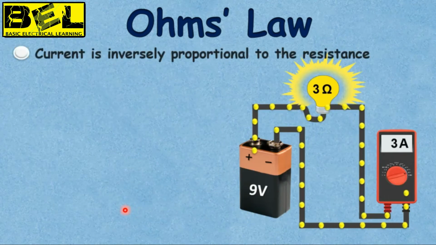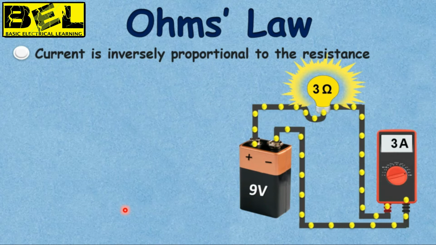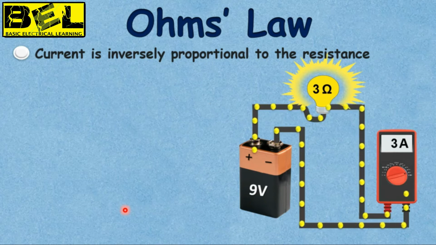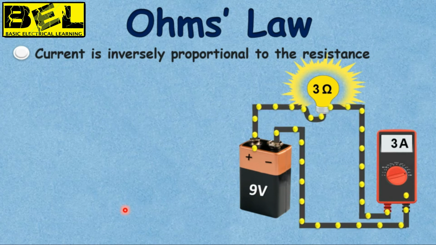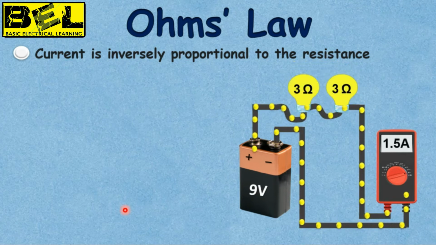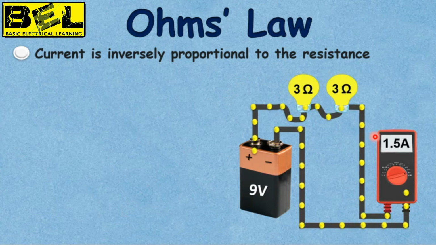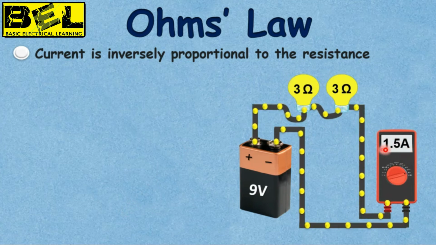As we know, as per Ohm's law, the current is inversely proportional to the resistance. Higher the resistance, lower the current, and lower the resistance, higher the current. So when the resistance is doubled, the current will become less, that is 1.5 ampere.